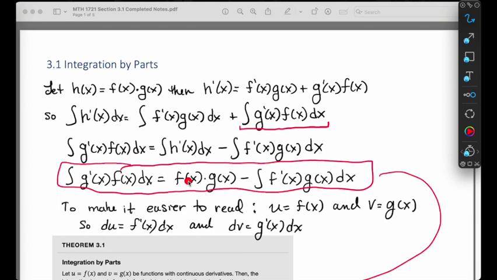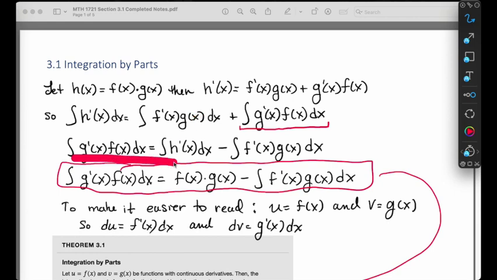Now, if I do a little bit of rearranging, and I subtract the integral of the derivative of f of x times g of x from both sides, what I get is this is equal to the integral of the derivative of h of x minus the integral of the derivative of f of x times g of x.